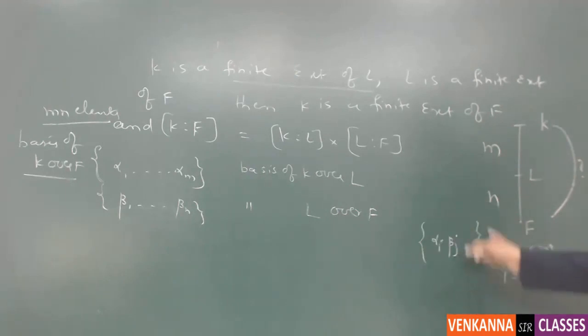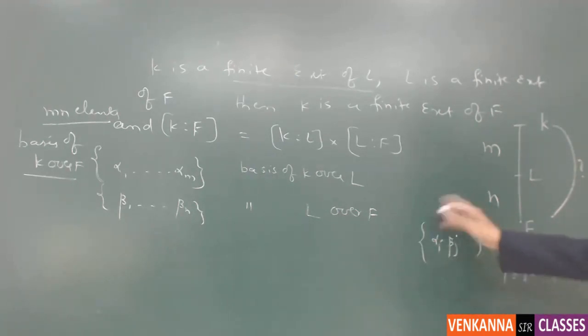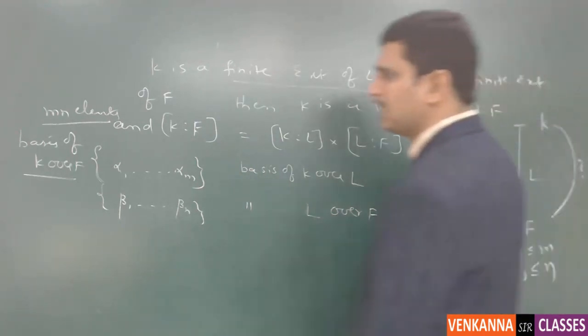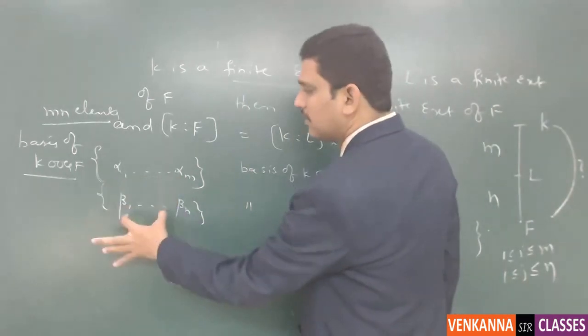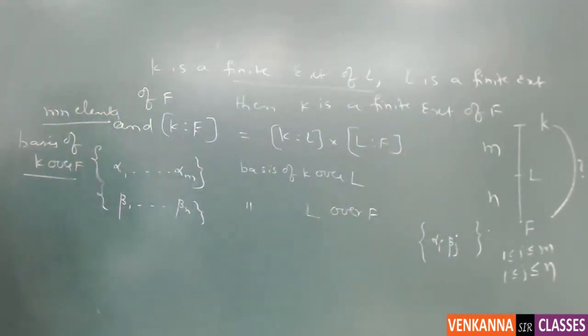This set contains mn elements and I am going to prove that it is a basis of K over F. In other words, I am simply multiplying the basis elements here with the basis elements of the other set. That is actually what I am doing. Okay? Did you get the idea?